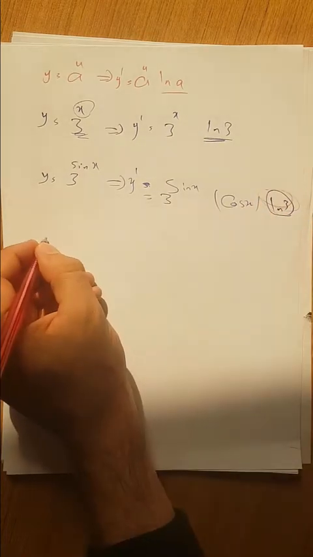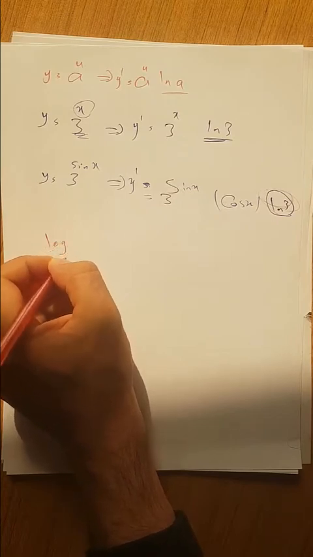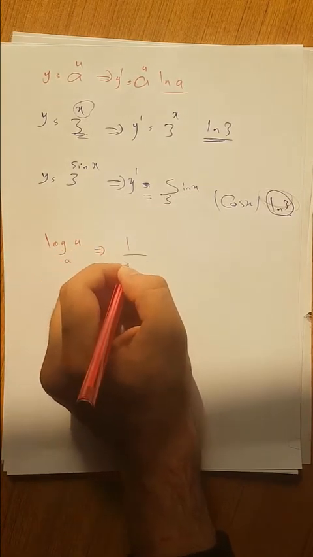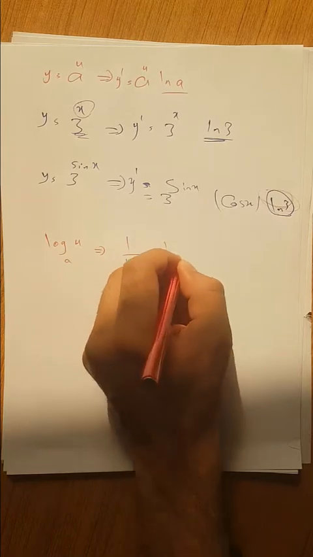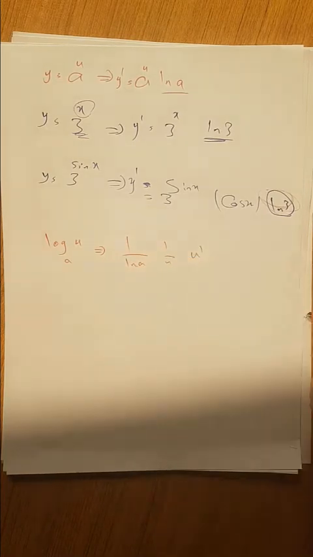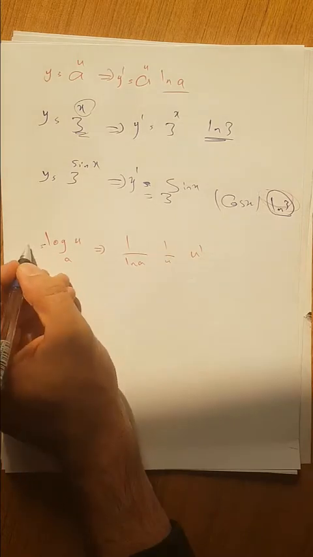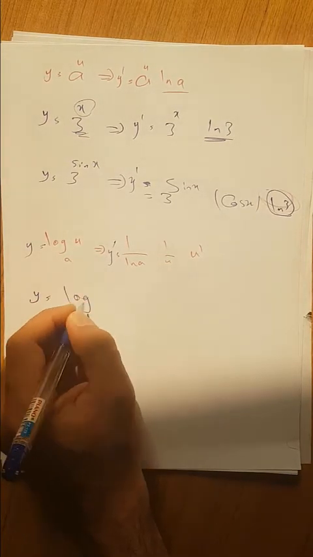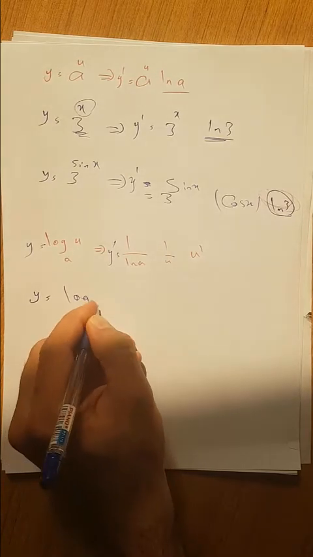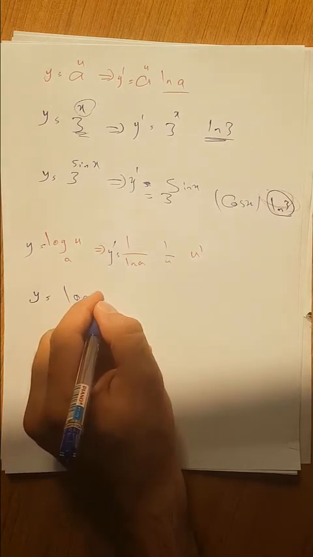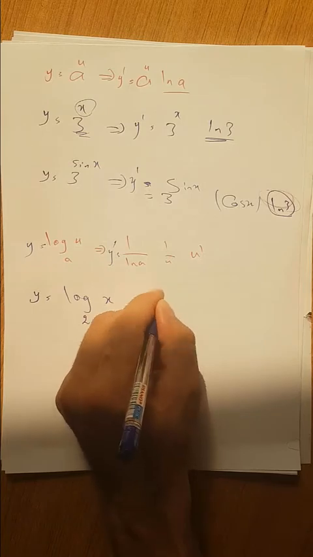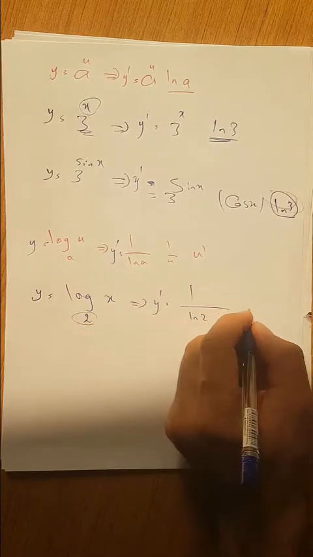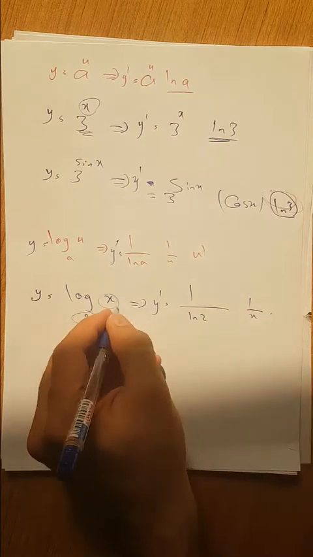How about if I have, for example, log of base a of a function u? Directly you can say it is equal to 1 over ln a, times u prime over u. What do you mean by that? For example, y is equal to log of x with base 2. Directly I can say ln of 2 with the base, 1 over x, and there's nothing else.